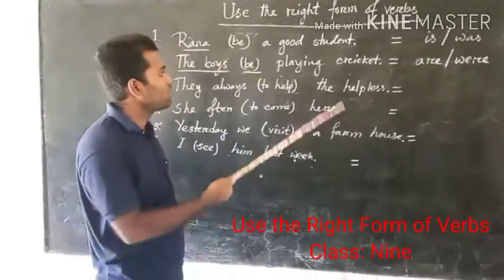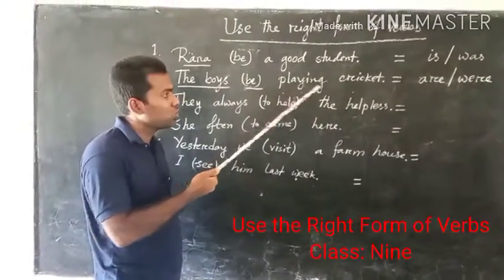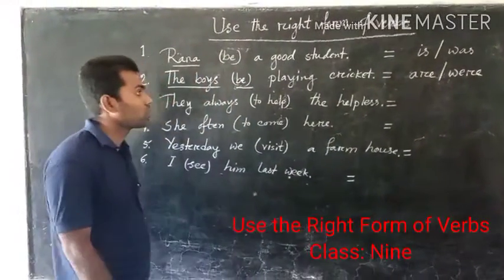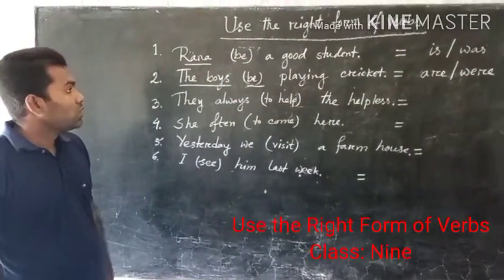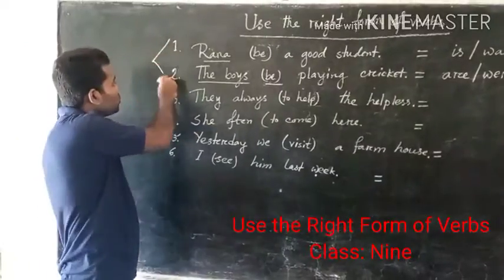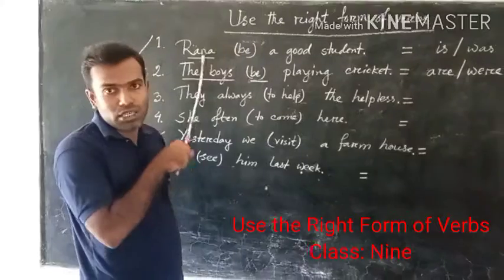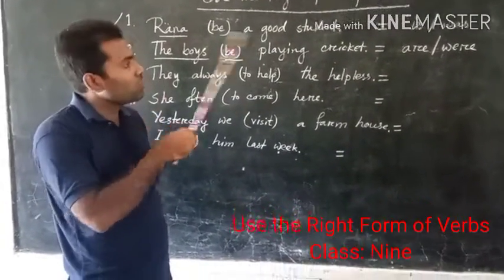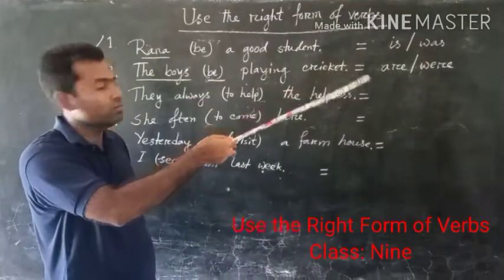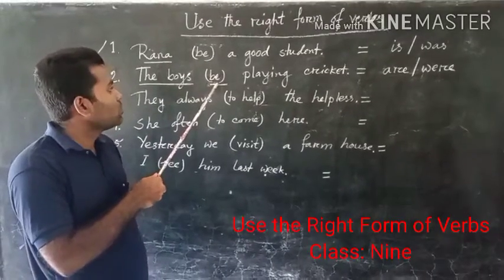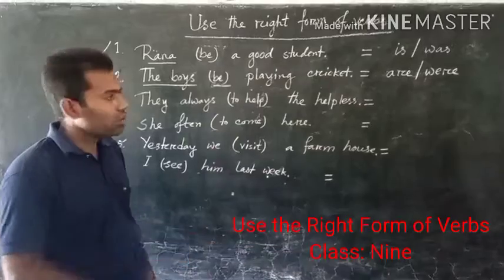As we have no sign of tense, we can use are or were. So by these two examples we can learn, if the subject is in singular form, then the verb will be in singular form. If the subject is in plural form, then the verb will be in plural form.